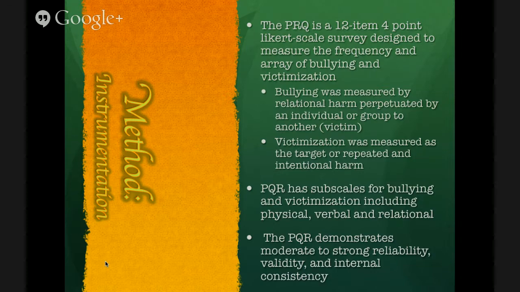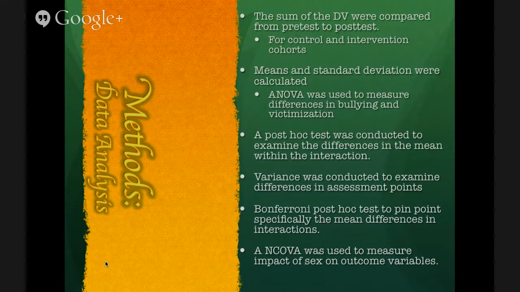Bullying was measured by relational harm perpetrated by an individual or group to another, which was our victim. Victimization was measured as the target of repeated intentional harm. The PRQ has subscales for bullying and victimization, including physical, verbal, and relational. The PRQ demonstrated moderate to strong reliability, validity, and internal consistency.